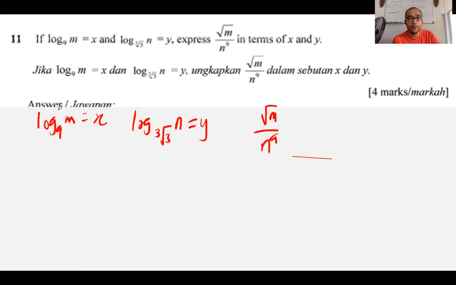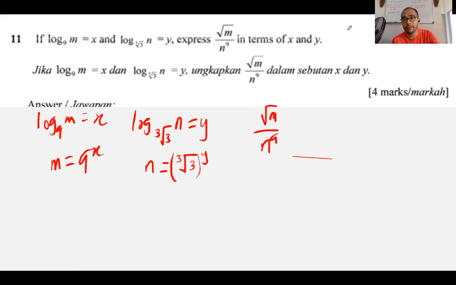Now, if you are given like this, but the question asks you to ungkapkan tanpa log, which means that you have to change this into index form. Which means that m equals to 9 to the power of x and n equals to cube root to the power of y.